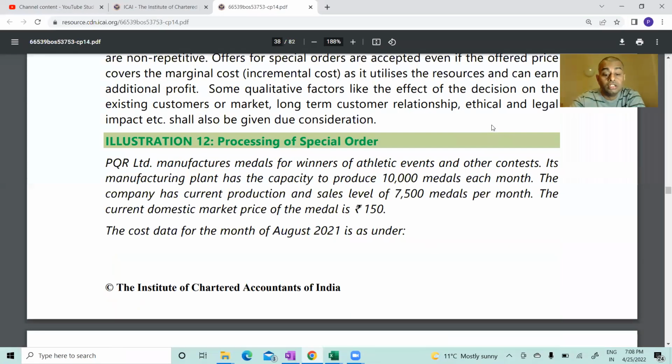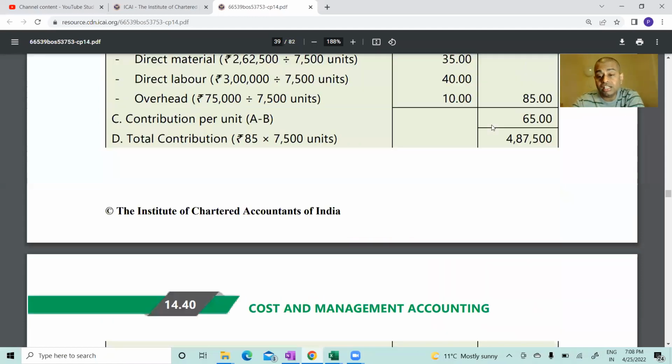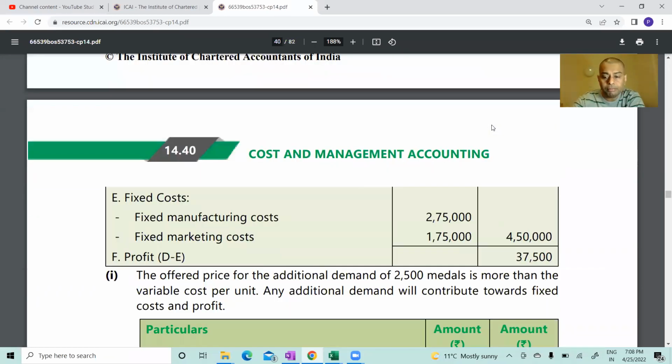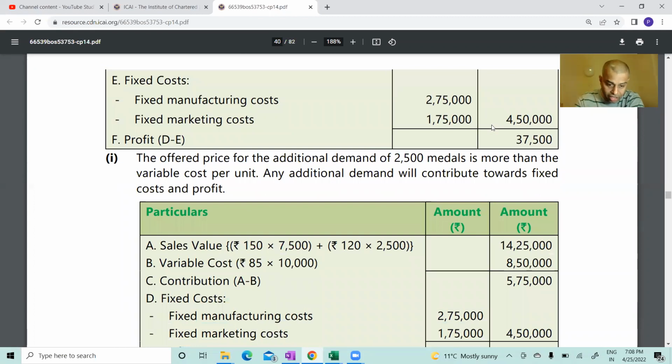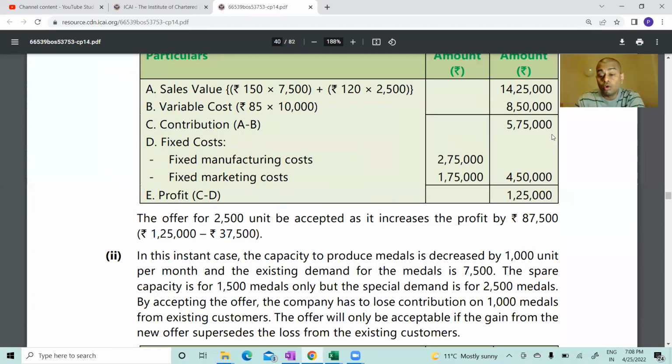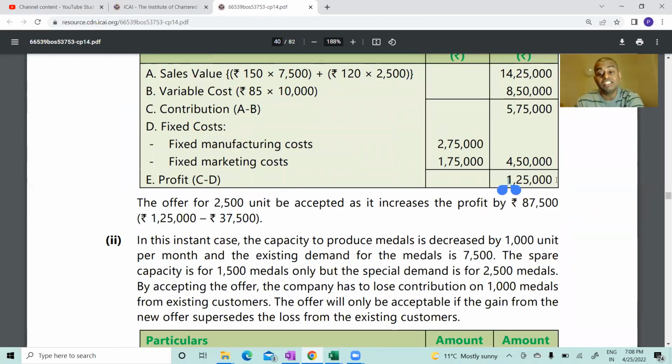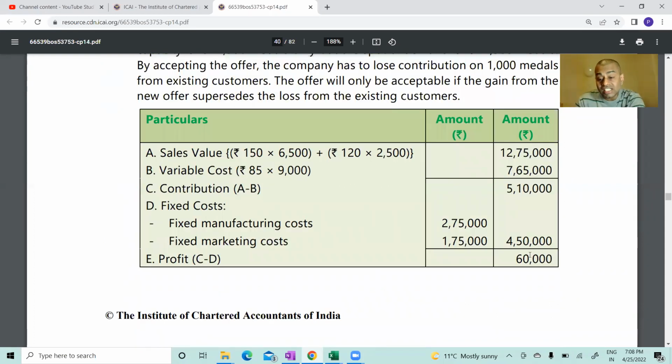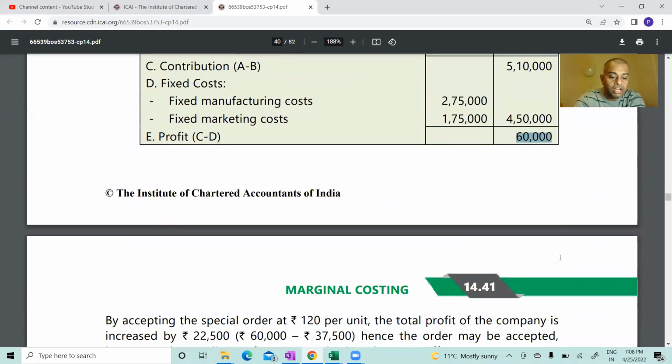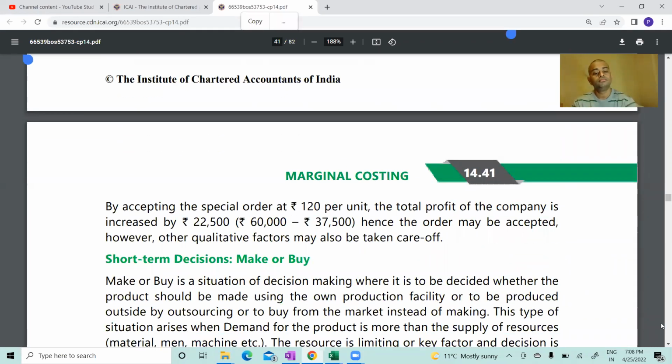Yes. So look at the answer. Present, they have 65 contribution. We got the same. 37,500 present profit. We got the same. Then 1,25,000 is the profit in situation A. We have got the same. In situation B, 60,000 is the profit. We have got the same. That's all, ladies and gentlemen.